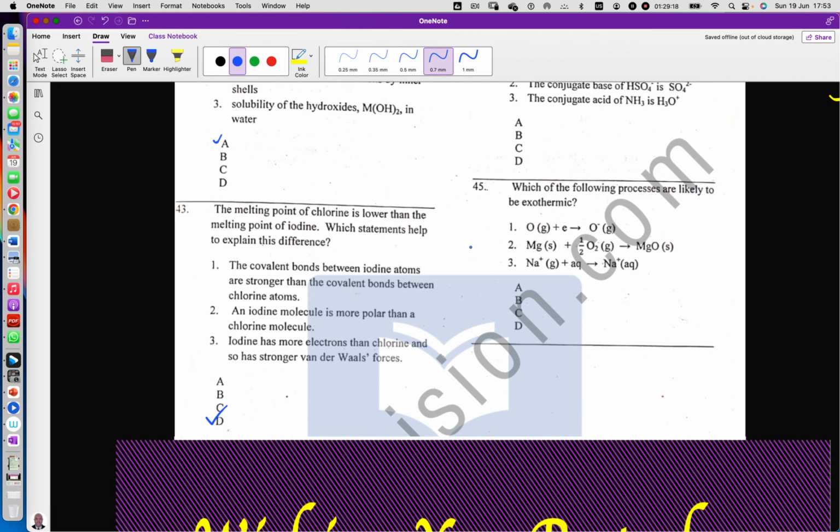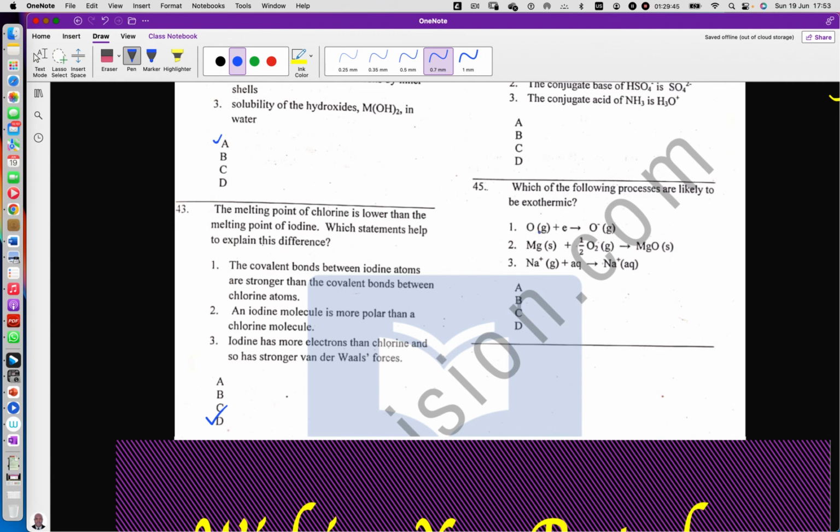Question number 45. Which of the following processes are likely to be exothermic? Exothermic, when heat is being released to the surrounding. Here, this is the first electron affinity.